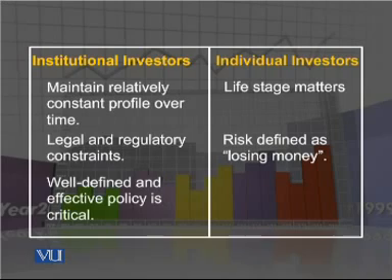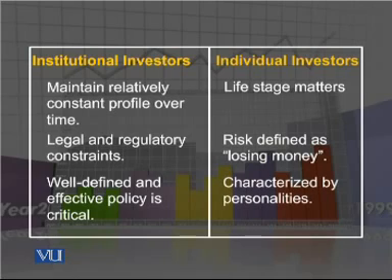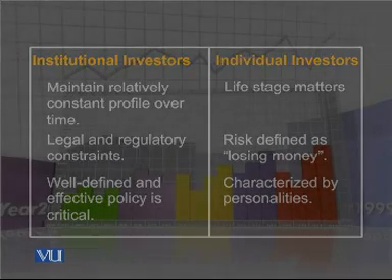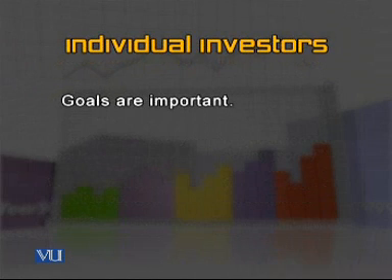As an institutional investor, you have a well-defined and effective policy, which is very, very critical. It is more about rules and regulations in institutions, but when it comes to individual investors, they're more focused on personalities, the traits, the behavioral pattern of an investor, his perception about the stock market, whether he's an optimist or a pessimist.